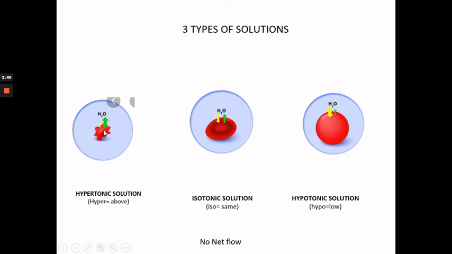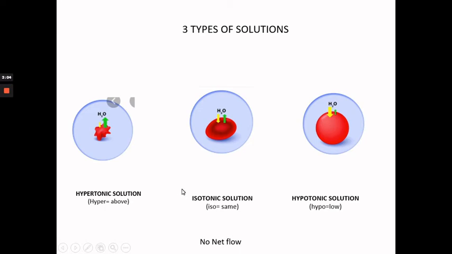So more water will move from inside the cell to outside the cell, and you see the cell getting smaller. Okay, the big green arrow shows that more water is leaving the cell. In hypertonic solution, hyper means above, so the concentration around is above or more than the concentration within the cell.